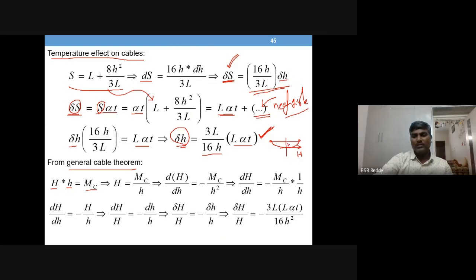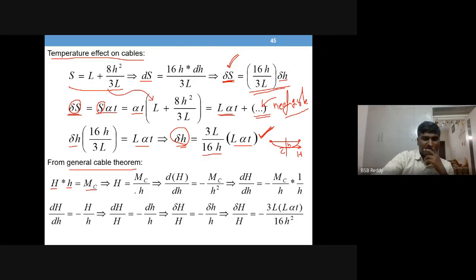So H multiplied by h is equal to the moment at C. So capital H is equal to MC divided by small h.